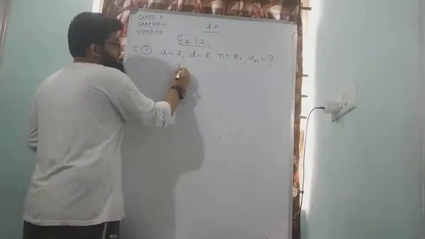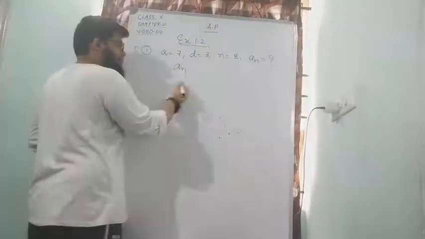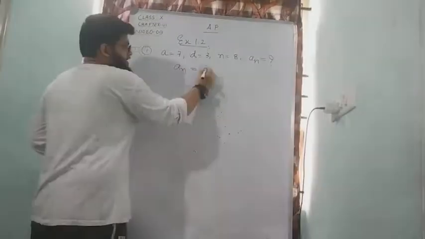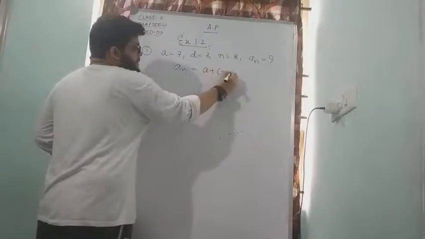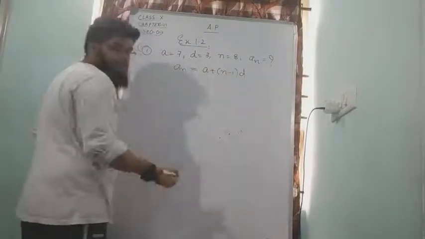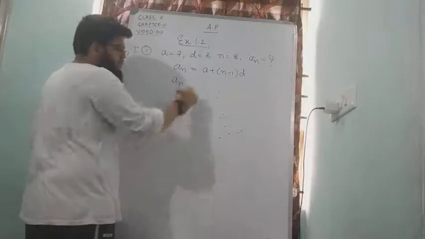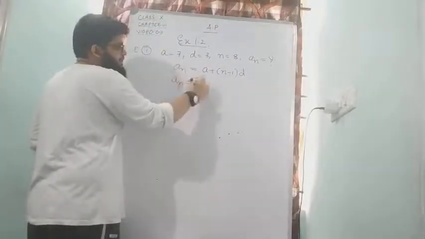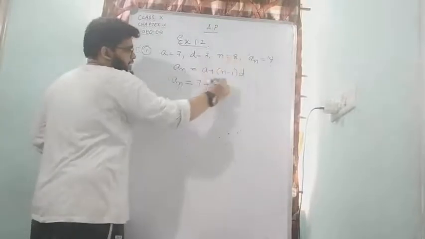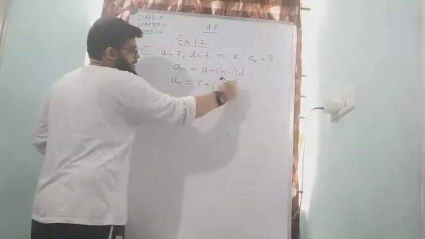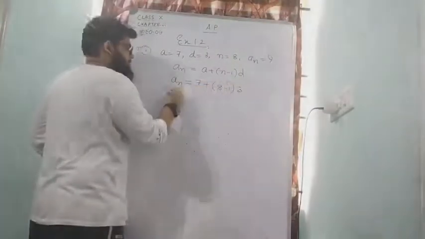As we have learned yesterday itself, the formula for the nth term is an is equal to a plus (n minus 1) into d. I am supposed to find an, so I will keep an as it is, is equal to a, which is 7, plus n is given as 8 minus 1, and the value of d is 3.